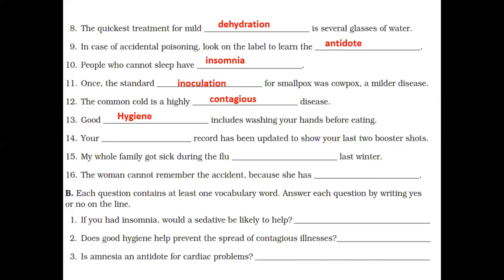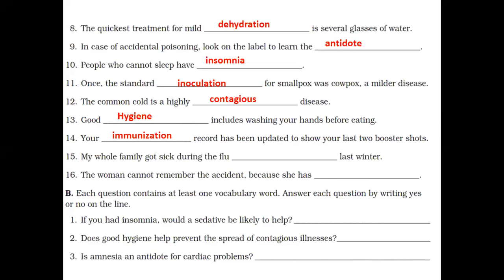So, your immunization record, actually. It means when you were given vaccination, when you were given certain medicines to enhance or boost your immune system. So when we are talking about shots, we are talking about the medication or the vaccination or the drops that were given to a particular patient to boost or build up his immune system.